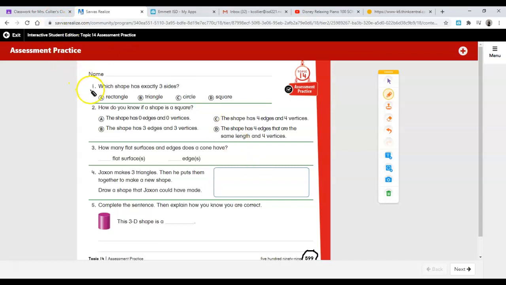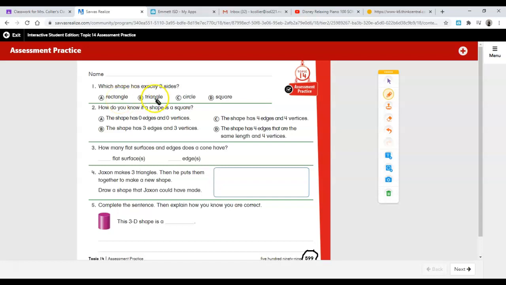Okay, let's start at the top at number 1. Number 1 says, which shape has exactly 3 sides? Let's think about the shapes we've been working with in this lesson and all of our Topic 14 lessons. Which of these shapes has 3 sides? Our first choice is a rectangle.